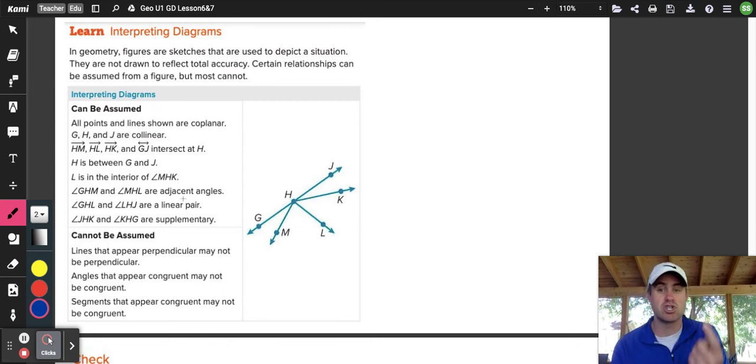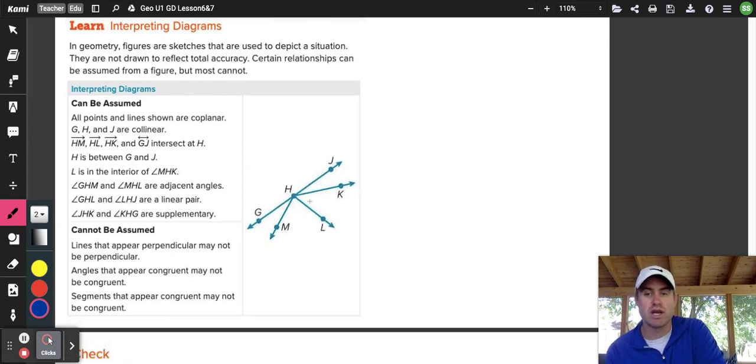You can assume adjacent angles and linear pairs. You can assume supplementary because we know that HG and HJ form a line, so JHK and KHG are supplementary. You can't assume perpendicularity, and you can't assume congruency. You cannot assume from this diagram that GHM and JHK are congruent, even though they look it.